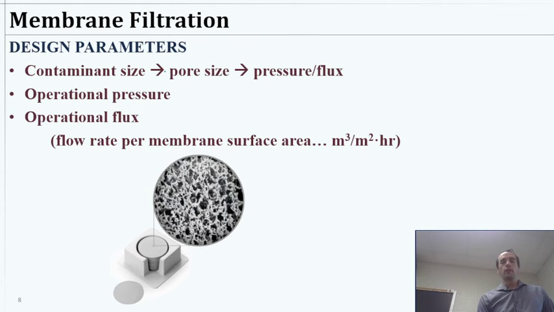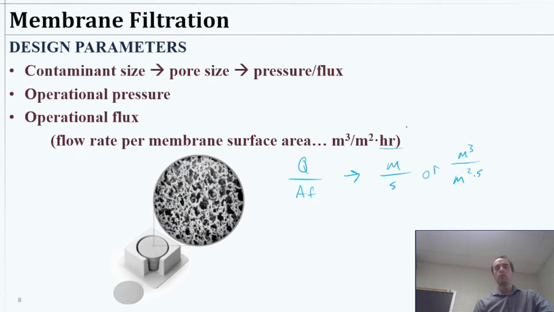Okay, I mentioned flux earlier. So flux we can define as a flow per area, just as we talked about with granular filtration. Ultimately this is in meters per second, or some distance per time, or a little more commonly, cubic meters per square meter per second or something. Like you see here, it doesn't have to be seconds.